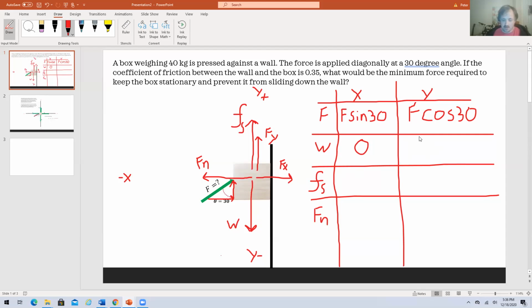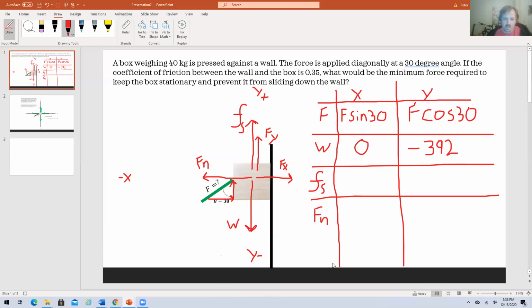So when we take 40 kilograms and multiply that by 9.8, we get a weight of 392 newtons. And that's going to be negative because that force vector is facing in the negative Y direction.